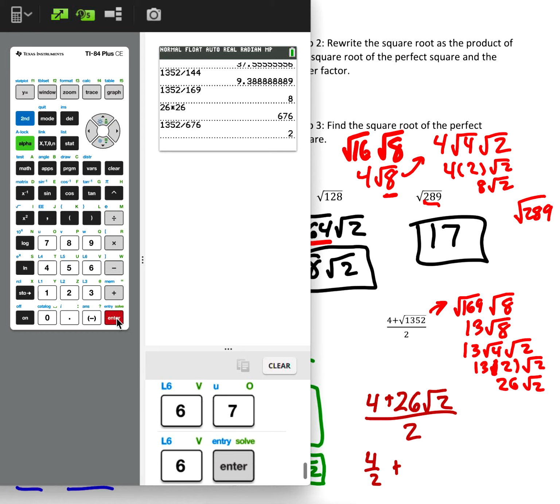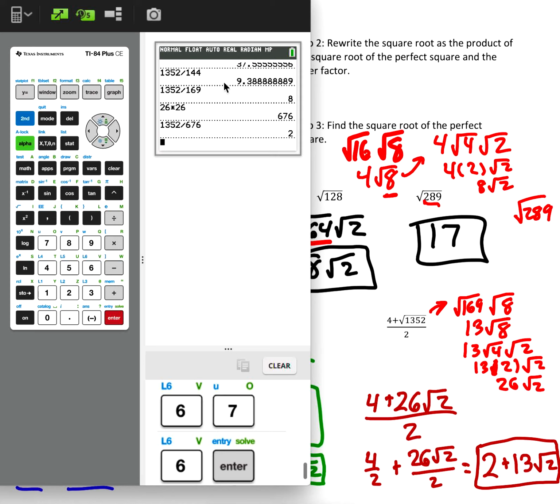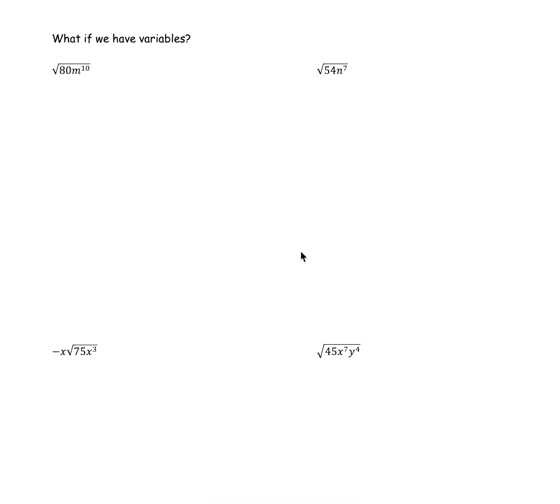And that is our answer. You want to try and get the highest perfect square, but in this case, I think it was a little bit easier to get a high perfect square, but maybe not the highest. But yeah, let's go to the next page.